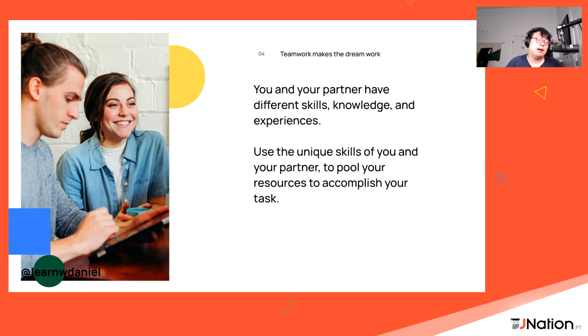Whenever an engineer at my company, New Relic, gets onboarded to a new team, the onboarding process usually consists of them pair programming with senior engineers who know the product and the team's owned code really well. Then it's their job, through pair programming, to communicate that knowledge to their partner. So it's really important to take advantage of the unique skills of you and your partner and pool your resources together to accomplish a task together.